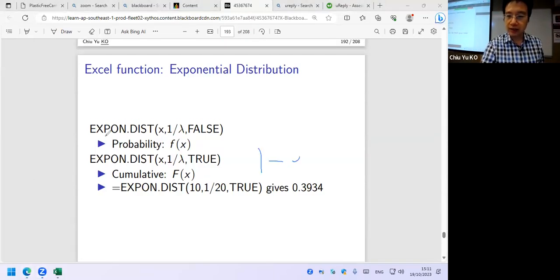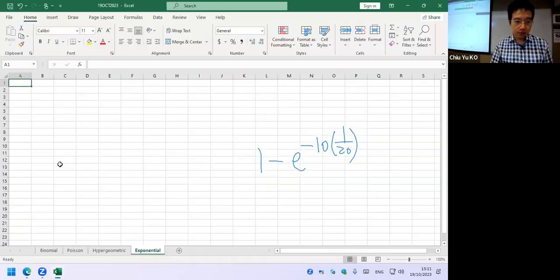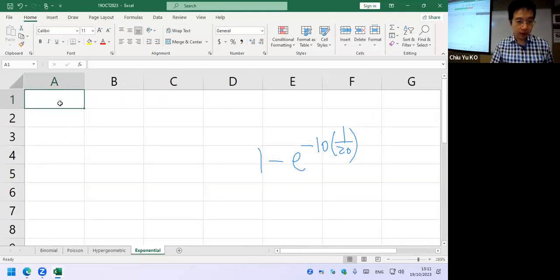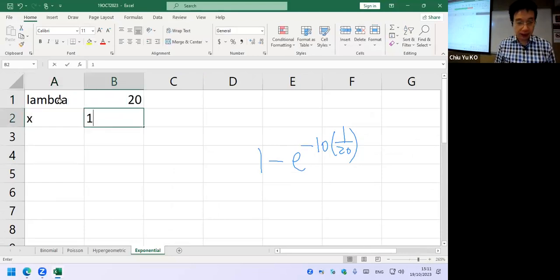This has got to be 1 minus e to the negative 10 times 1 over 20, because lambda is 1 over 20. Okay. So let us go to this one. Lambda is 20. Okay. And x is 10.